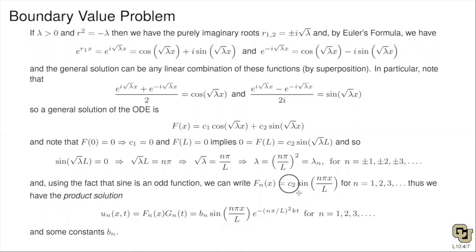If you just had one solution, any linear multiple of that single solution would again be a solution because of the homogeneity and the vector space structure. If you look at the ODE for F, that also has a vector space structure. So I think this C2 can be any constant. I hope that makes sense. Thank you.